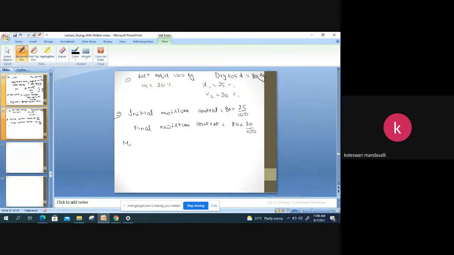So moisture removed, what is it? Initial minus final. So initial minus final moisture content, that is 80 into 25 by 100 minus 20 by 100. I can say like that, no?